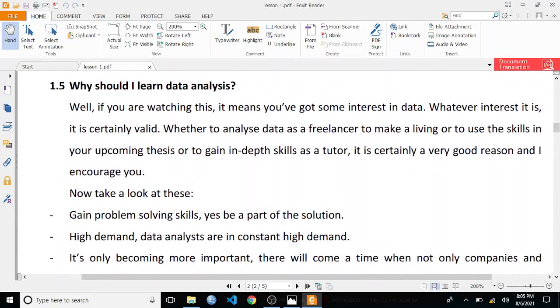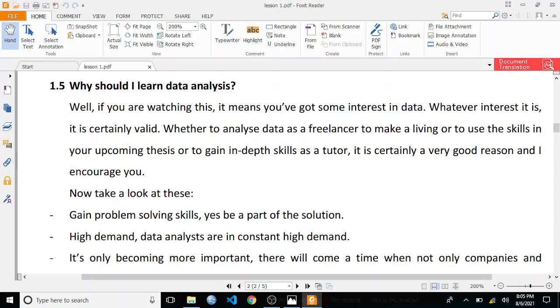Why should you even study data analysis? Data analysis is part of every undergraduate course. Well, if you are watching this, it means you've got some interest in data. Whatever interest it is, it's certainly valid.